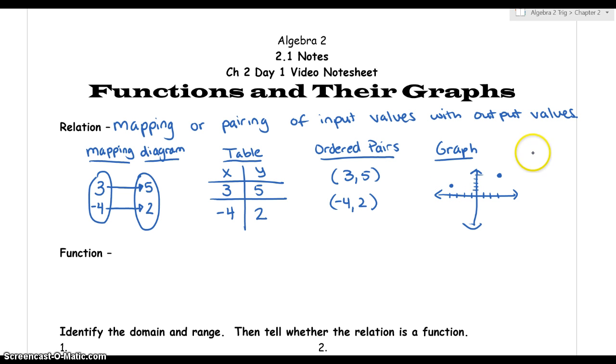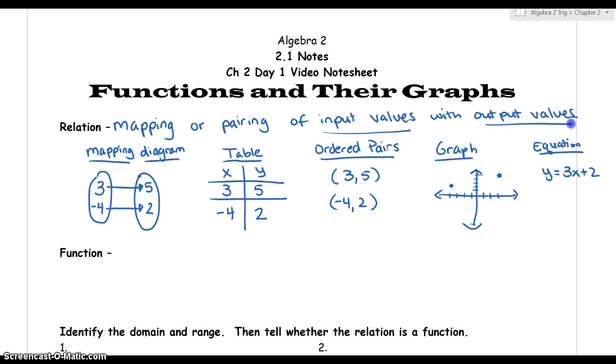And last but not least, we can have a verbal model, and that could be an equation, like y equals 3x plus 2. I'm not sure if that's the equation that matches these points, but it's an example of what a relation could look like.